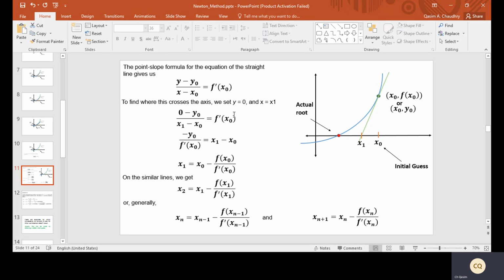This is just the cross multiplication. बेटा मैं क्या कर रहा हूँ कि इसको उठा के नीचे रख दिया और इसको उठा के ऊपर कर दिया. So this is just changing their positions. So minus y naught over f prime of x naught is equal to x1 minus x naught. बेटा यहाँ पे देखें कि what we are going to do.